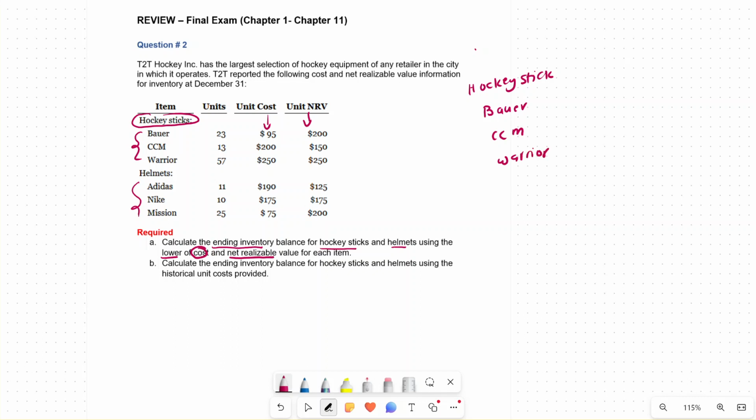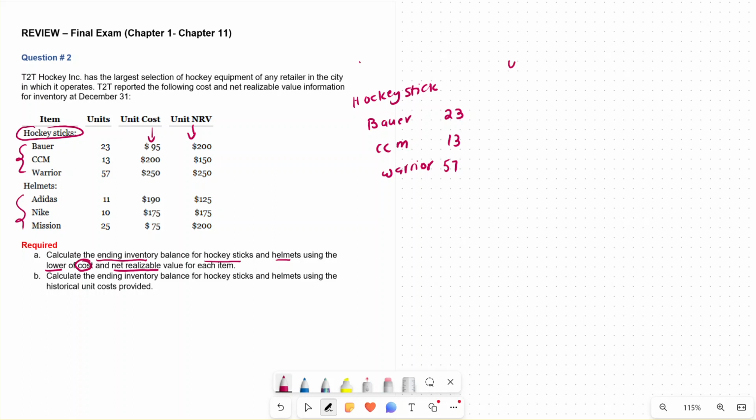We have 23 units, then 13 units, and this is 57. The unit cost is $95. This is 200, this is 250, and my unit net realizable value is $200, 150, and 250.